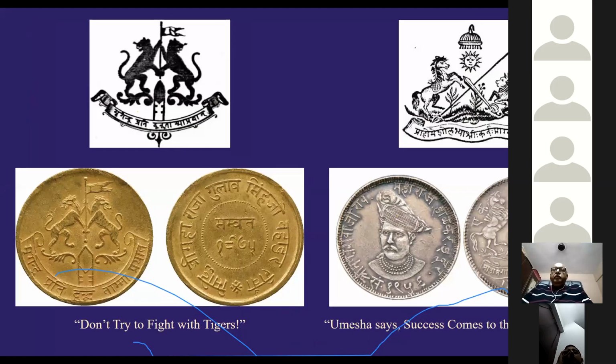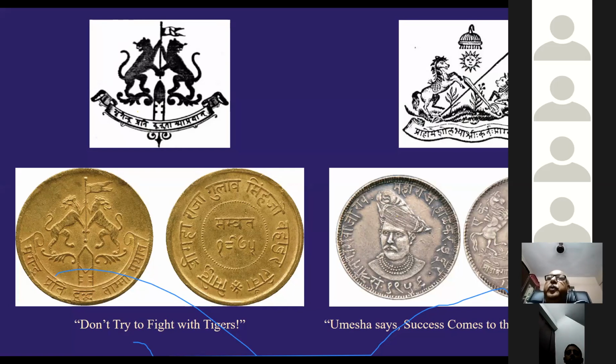And just two examples. One is a gold mohur of Rewa, where we see the coat of arms appearing on the coins, and a lot of them have interesting mottos. So here the motto of Rewa state is "Don't try to fight with tigers," and that is inscribed under these two tigers, which are holding the banner.